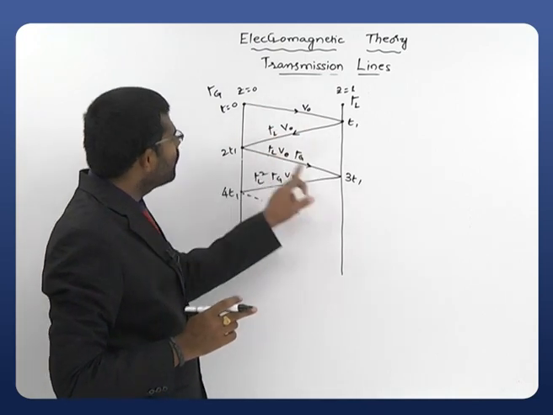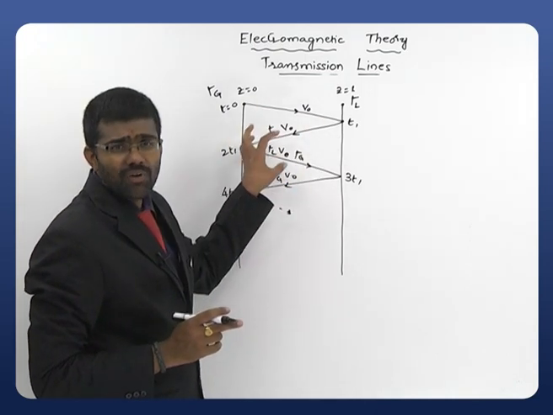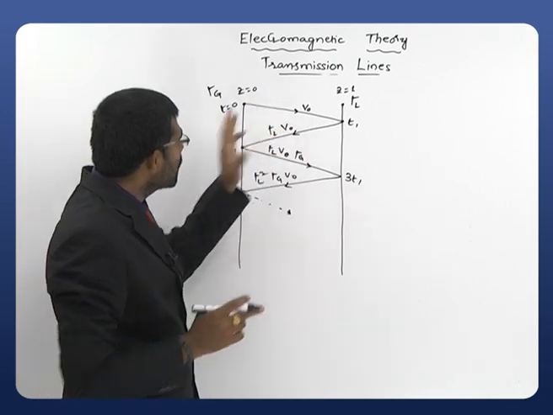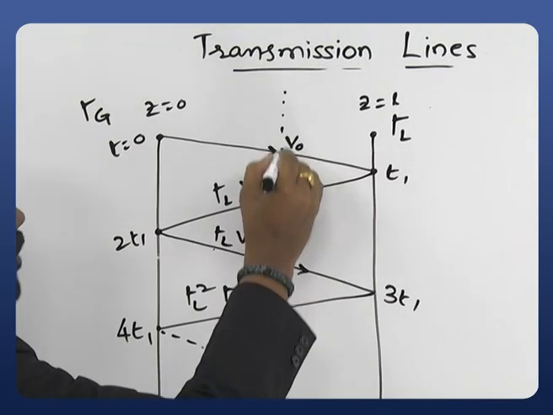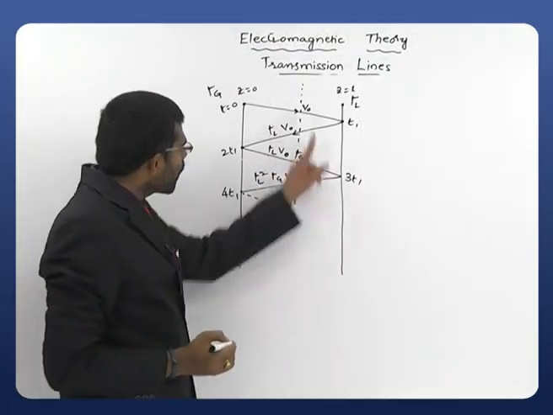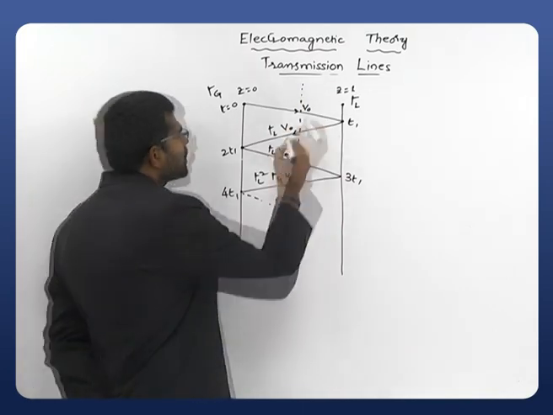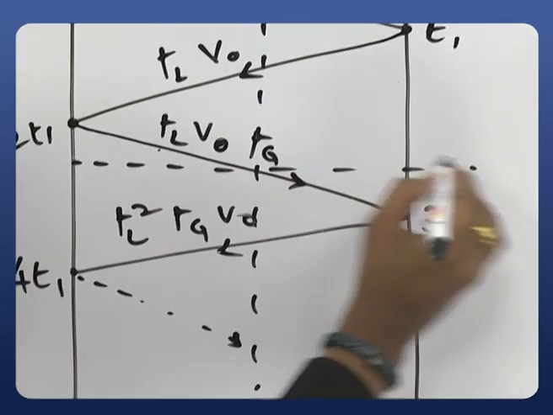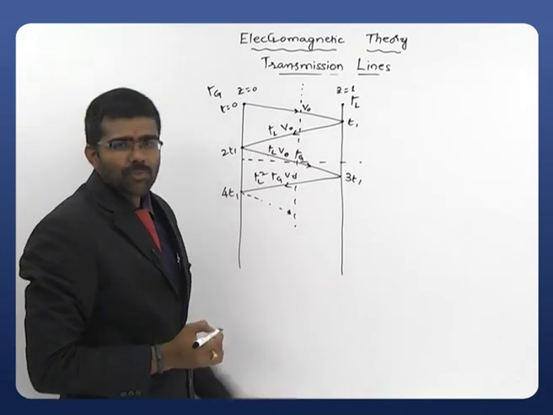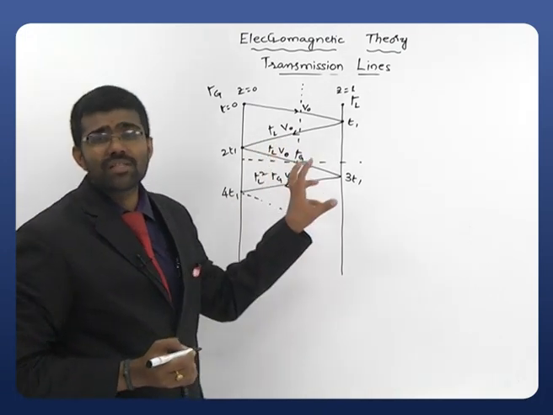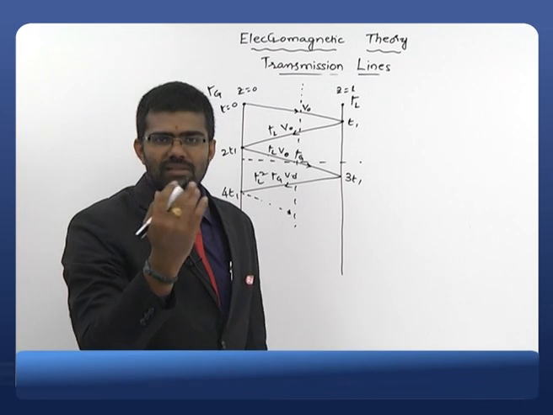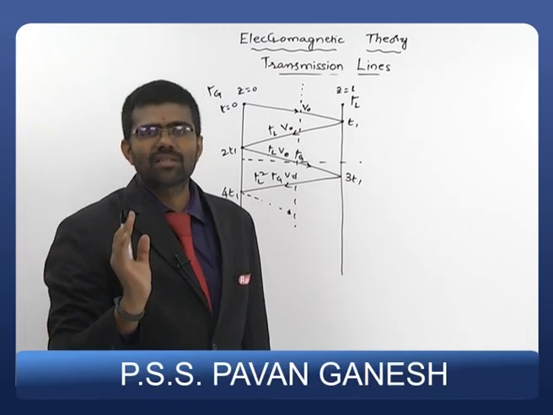This zigzag diagram gives you the strength of our wave at different locations. If you want the strength of the wave at a particular location, or at a particular time, you can observe it. So this diagram gives you the strength of voltage or field at different locations in the transmission line, or at a given instant of time.